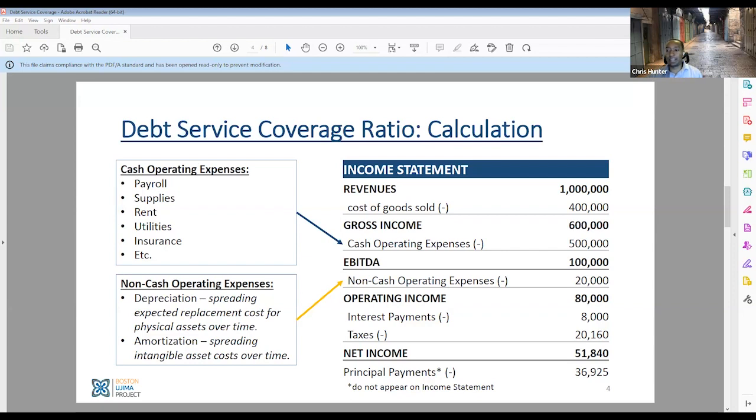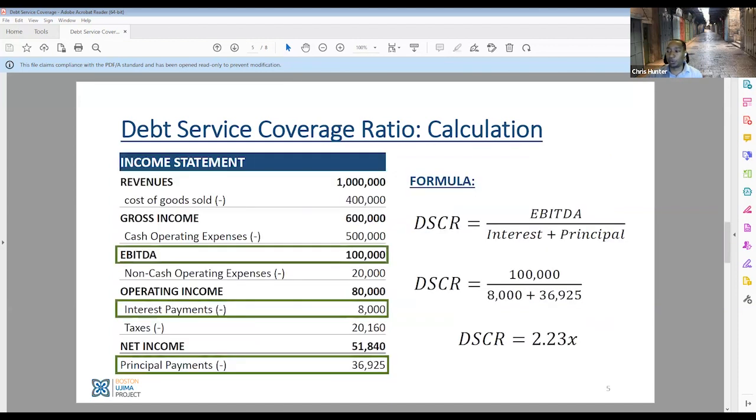So if we take this income statement, this flow from revenues all the way down to net income, and look for what we're after for calculating the debt service coverage ratio, we see, okay, great, there's only 3 lines here that we care about. And in this case, I picked numbers that were tied to $200,000 being borrowed at 4% interest.